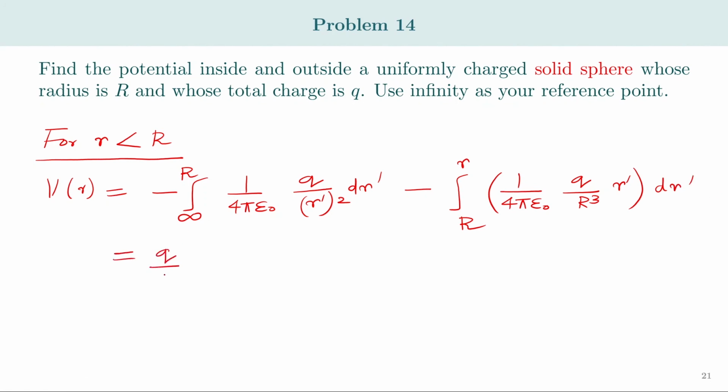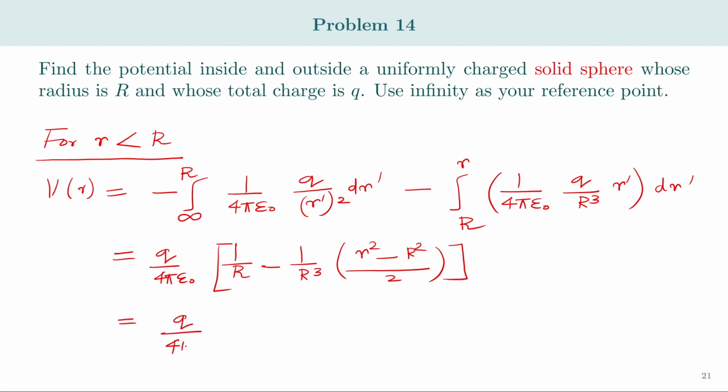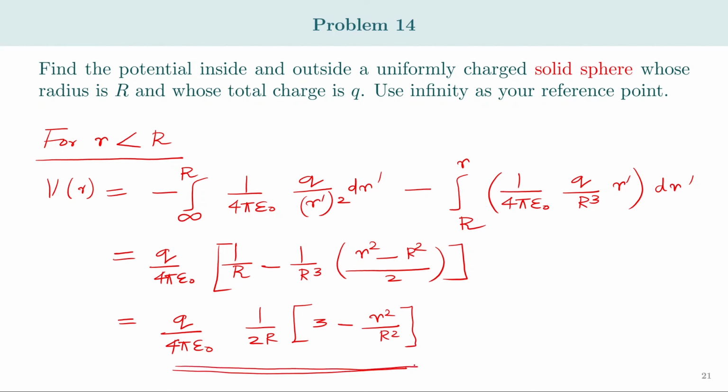This is equal to q over 4 pi epsilon 0 times 1 over R minus 1 over R cubed times (r squared minus R squared) over 2, which is equal to q over 4 pi epsilon 0 times 1 over 2R times (3 minus r squared over R squared). So this is the potential inside and outside a uniformly charged solid sphere.